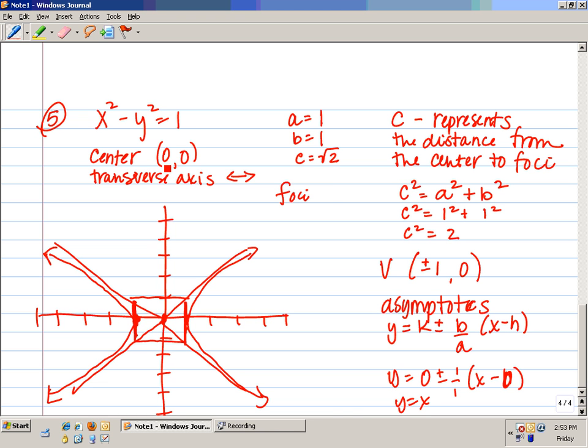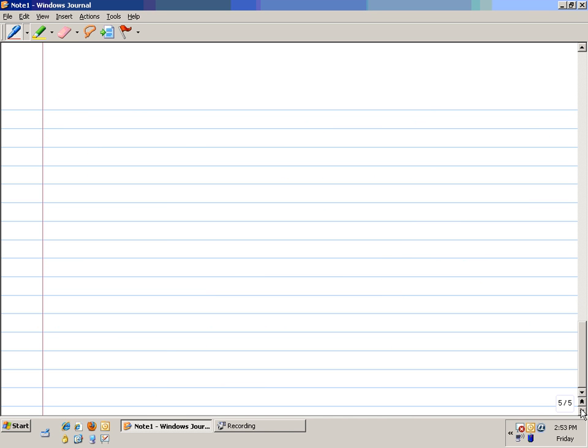So I'm going from 0, and I'm either adding or subtracting the square root of 2. So here's everything we need. We have the center, the vertices, the foci, the equation of the asymptotes, and a sketch. So let's move on, and we're going to look at number 13.